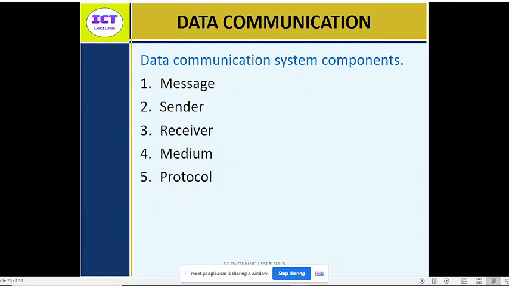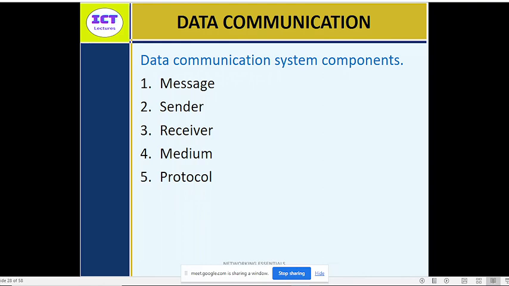Also, we need to look at what comprises a data communication system. What are you going to send? You need a message, isn't it? Who is going to send this? We need a sender. The sender is the sending device. It could be a computer, right? It could be a router. The receiver is the receiving device, right? Medium: is it wireless or is it wired? Is it unguided?